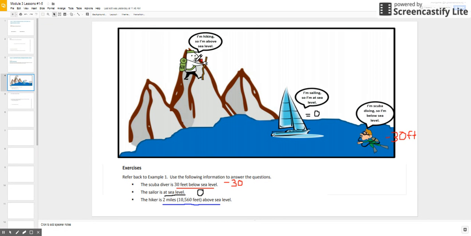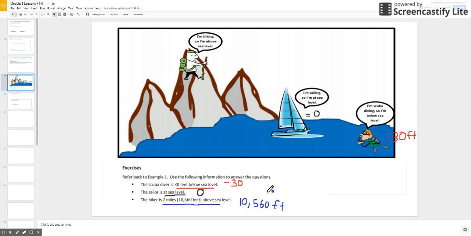We have to refer to the hiker in the same manner. We can't put the hiker as 2, because that wouldn't make sense. If this is 30 feet, he's not 2 feet above, he's 2 miles, which in this case is why they give us the 10,560 feet. So we have to make sure we're talking about the same units.